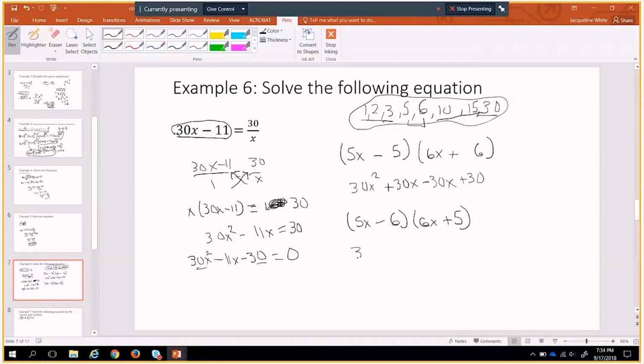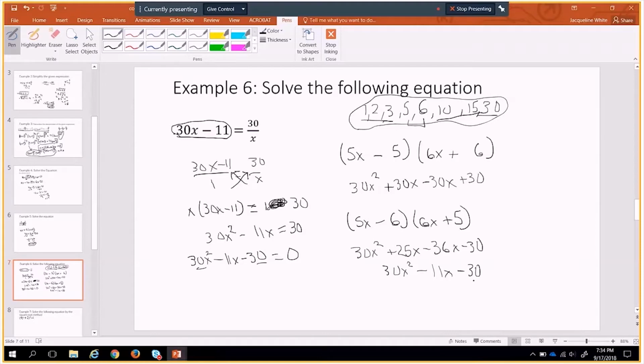We're going to get 30x squared plus 25x minus 36x and a minus 30. We're getting somewhere. So that's 30x squared, plus 25x and minus 36x is going to be a minus 11x, and the minus 30. And that's our equation. So we figured out the answer.